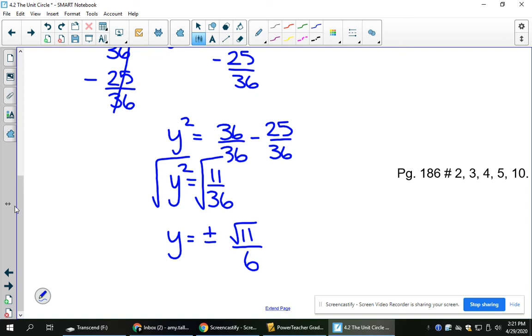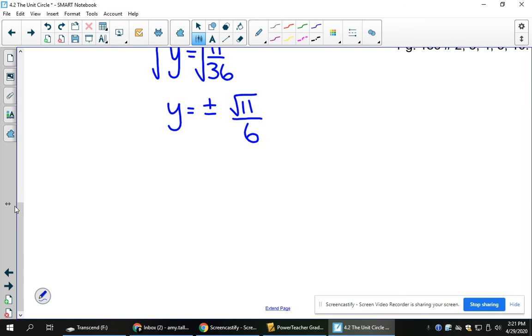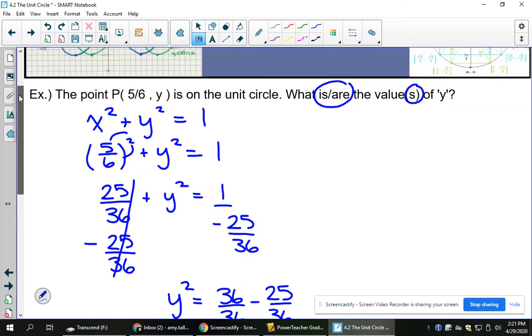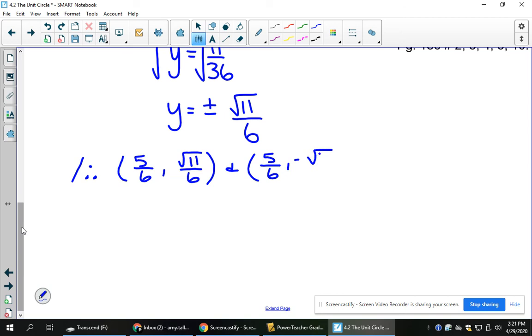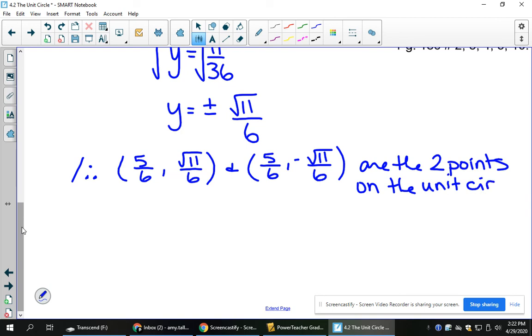So what this tells me, if I can get a positive or a negative, is that, what was this point? 5/6 comma y. So therefore, here's my x value, here's my positive y value, and with the same x value, I can have a negative y value, are the 2 points on the unit circle. Think about this.